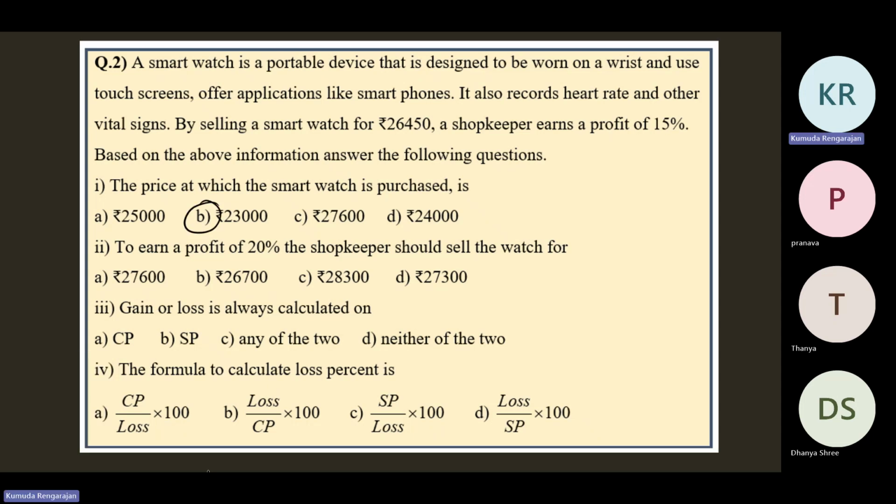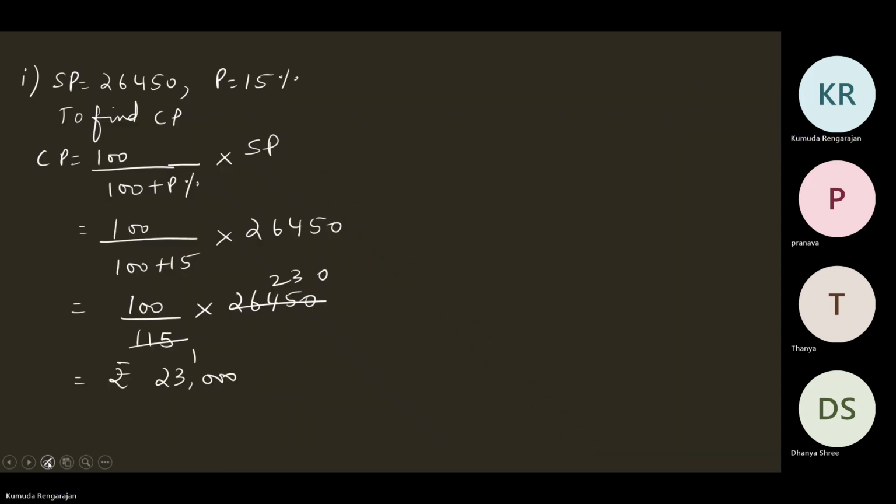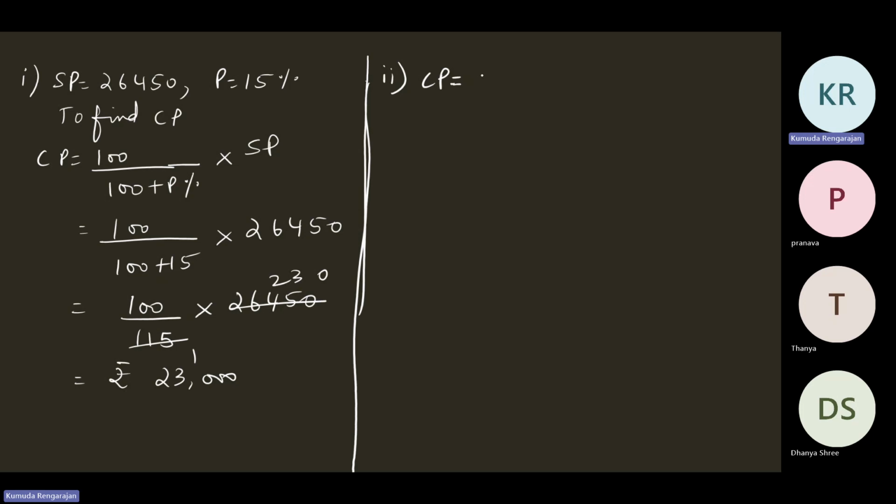To earn a profit of 20%, the shopkeeper should sell the watch for 27,600. Correct.